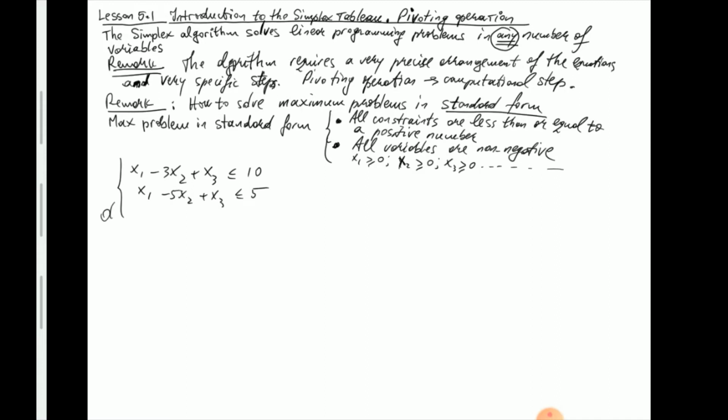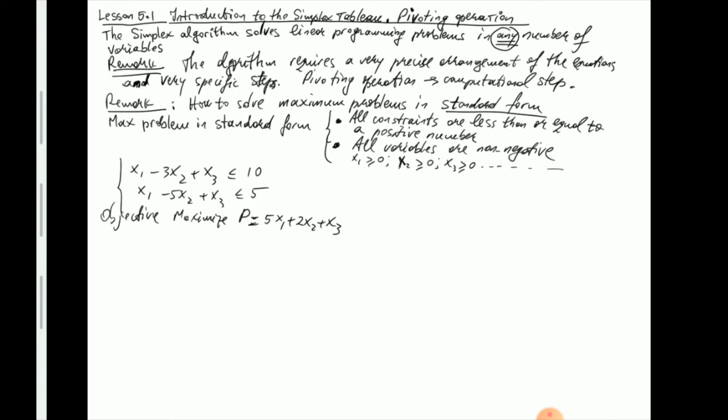Let's say the objective is to maximize p equals 5x1 plus 2x2 plus x3. So that's the function to maximize.